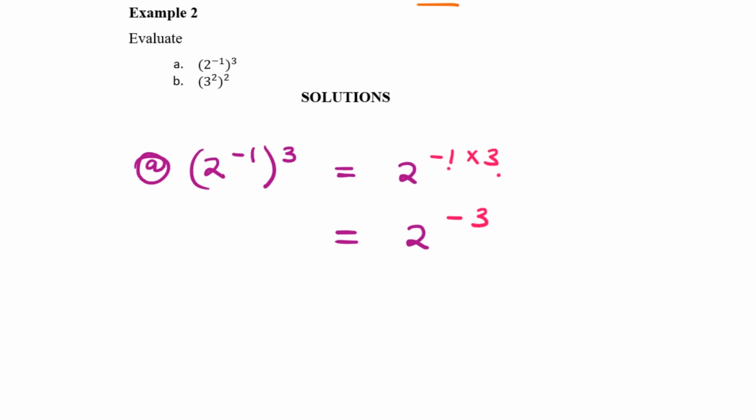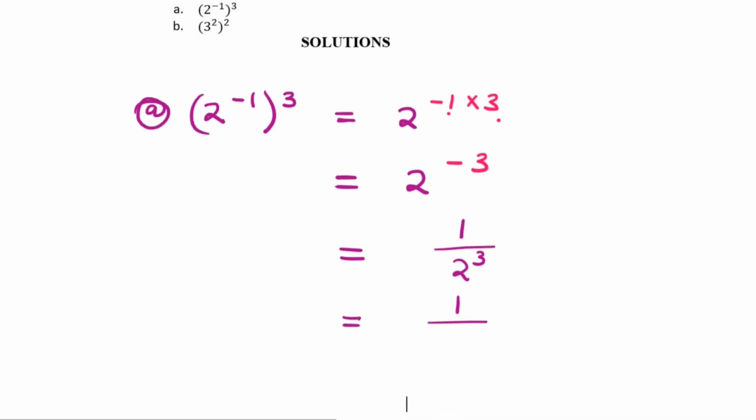From there we can proceed. We know that 2 to the power negative 3 is the same as 1 over 2 to the power 3.